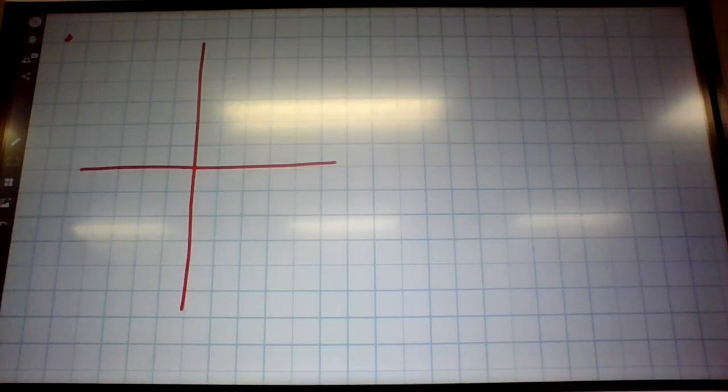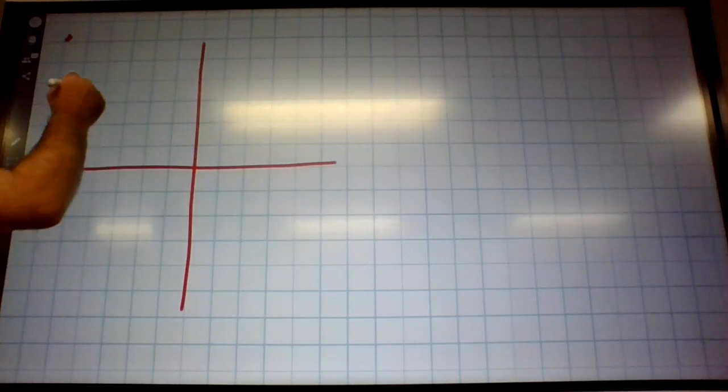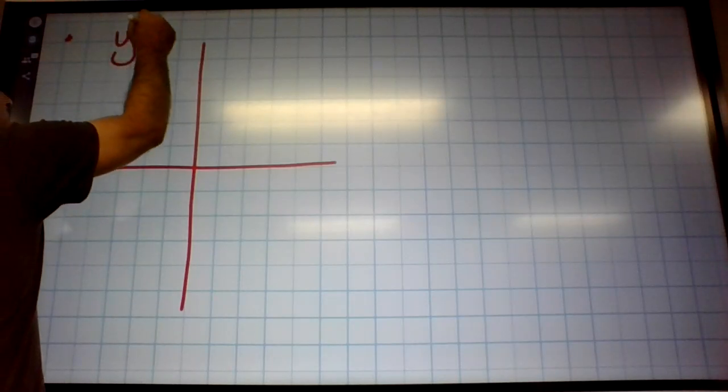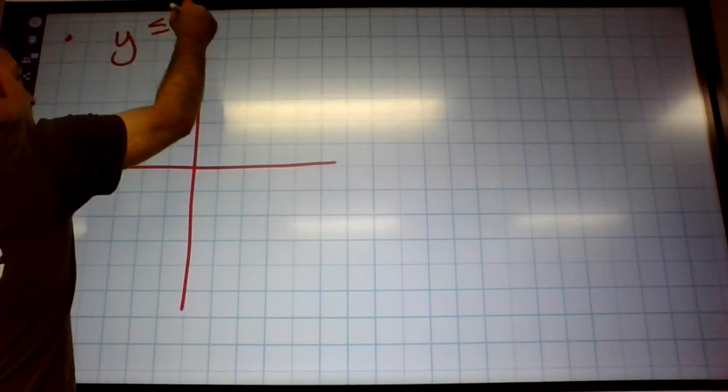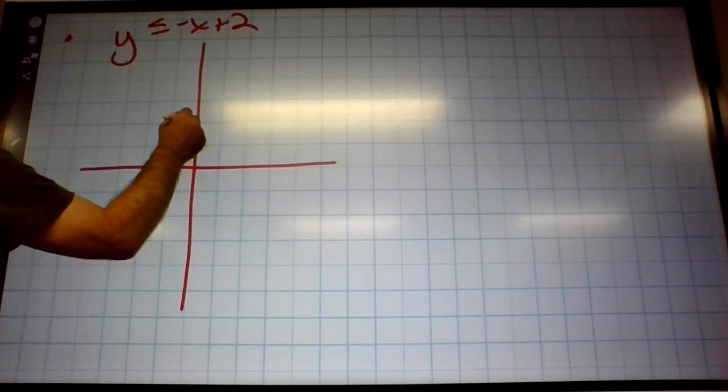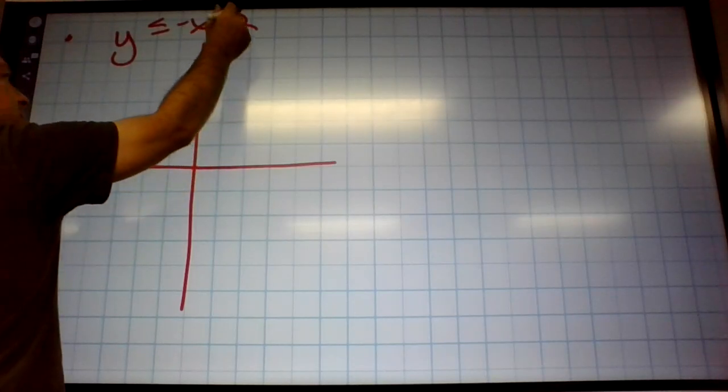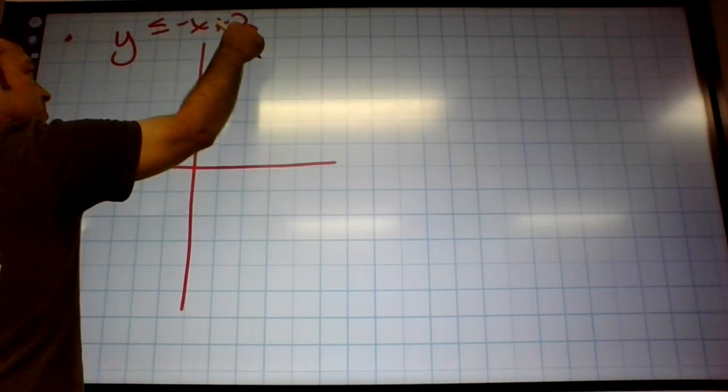Where am I? I'm so lost. I'm so confused. Okay, I kind of forgot. Y is less than or equal to negative x plus 2. Okay, so we start up to 2/3. Oh, this was 2/3?